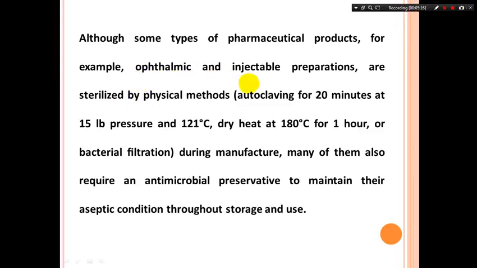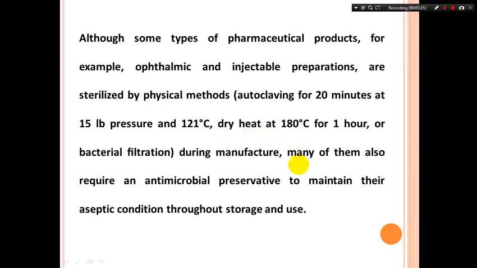Regarding the ophthalmic and injectable preparations, they should be sterilized by autoclaving in this condition, or sterilized by dry heat.